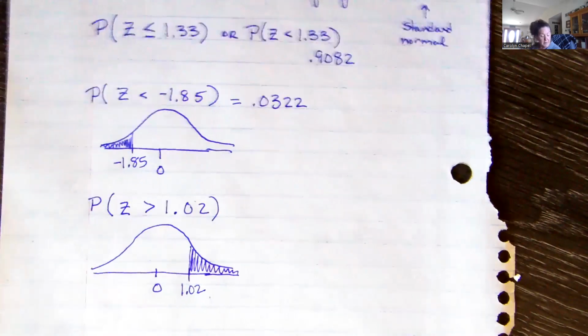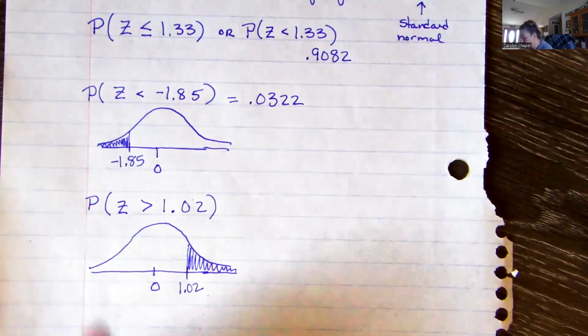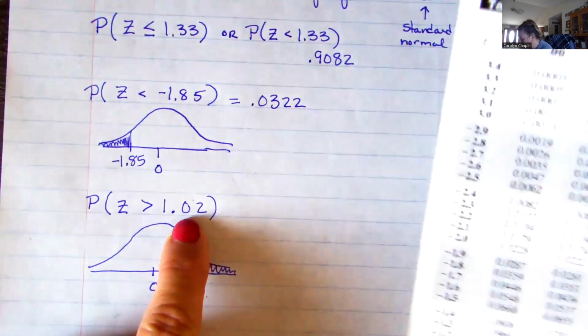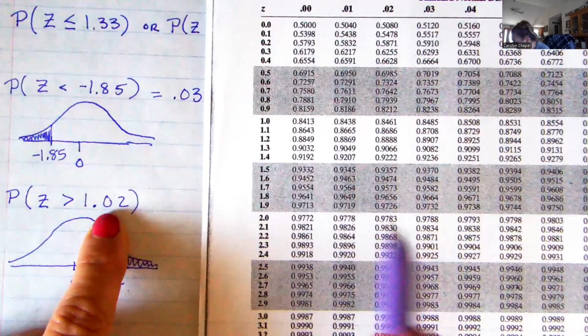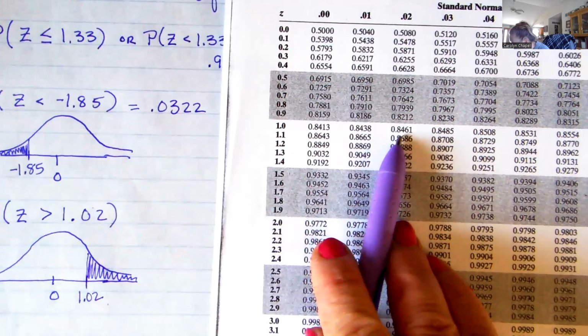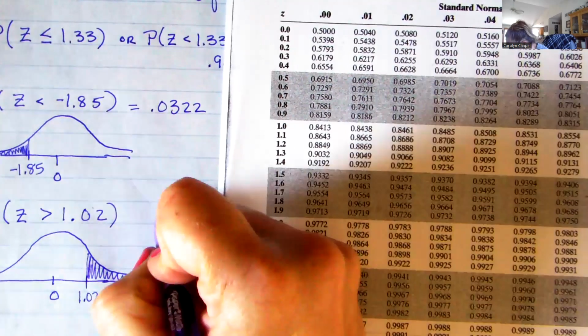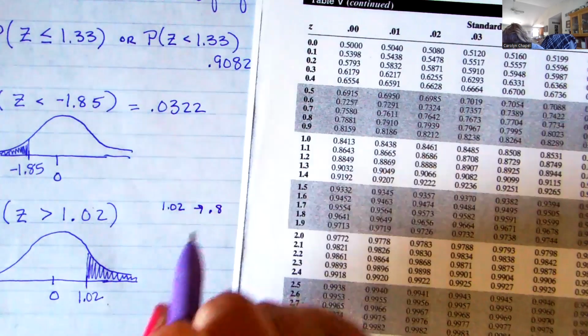Again, I'm going to do this one a couple of different ways. So I'm going to look up that 1.02, on my positive side. That gives me 0.8461.